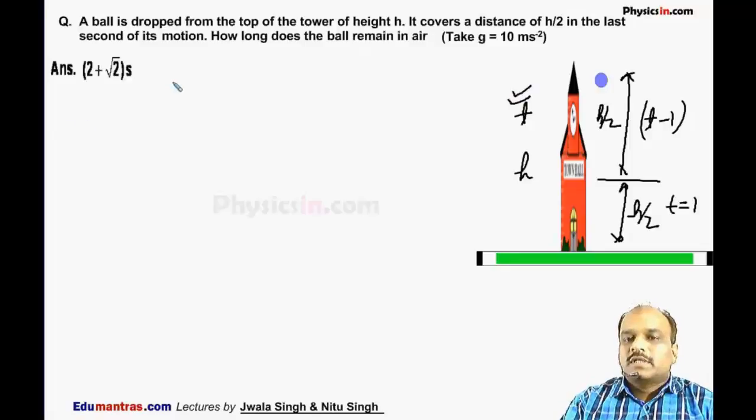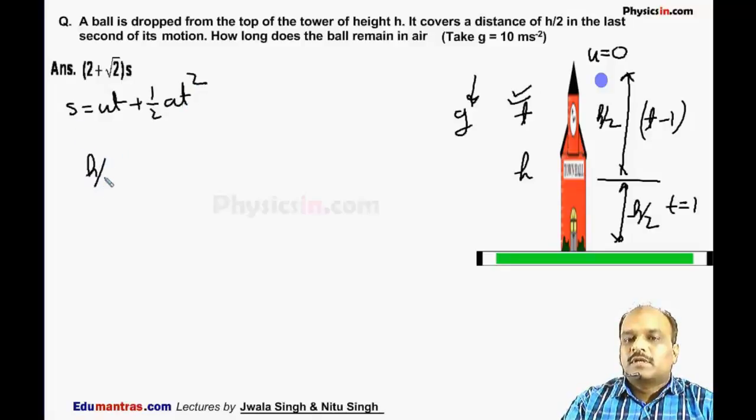Let's assume the acceleration due to gravity is g. Since the ball is dropped, its initial speed is 0. Now using the relation s is equal to ut plus half a t squared, I can say h by 2 for the first part is equal to ut, which is 0, plus 1 by 2 into minus g into (t minus 1) squared.